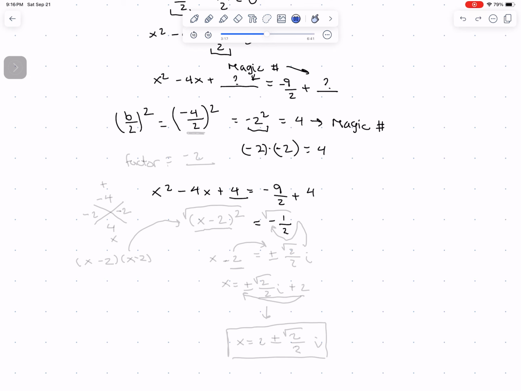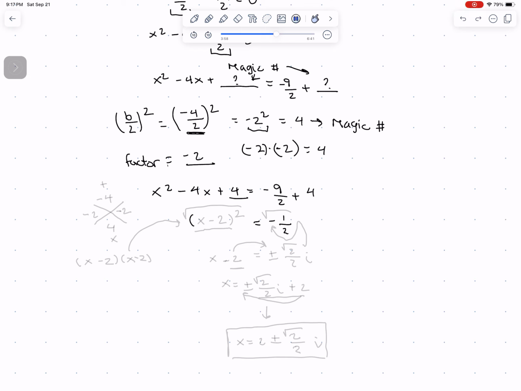So what did I say before? When we do the b over 2 squared, the b divided by 2 gives me my factor. So right here, the negative 2 that I got is my factor. When I did negative 4 divided by 2 here, my factor is negative 2. So for the 4 and negative 4, we could actually do that here too. We know that it's going to be negative 2 for both of them.